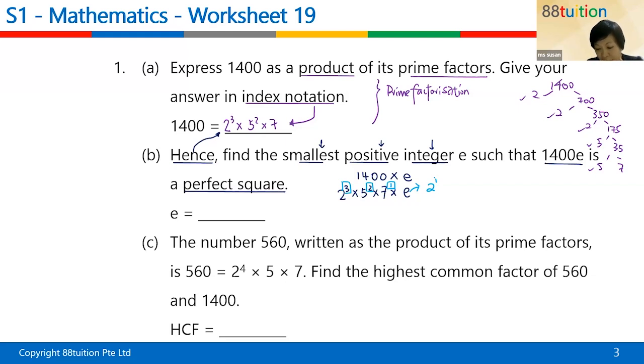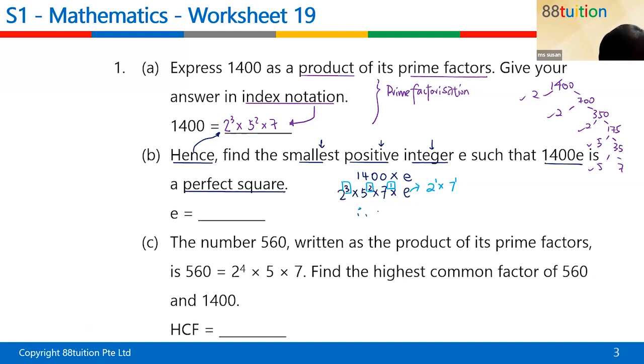But if you look at the prime factor, 7 is to the power of 1. We say it needs to be a power of an even number, which is 2, the smallest one. So I need another 7 to the power of 1 to make it 7 squared. So E is technically 2 to the power of 1 times 7 to the power of 1. Okay, so therefore, I wanted E only.